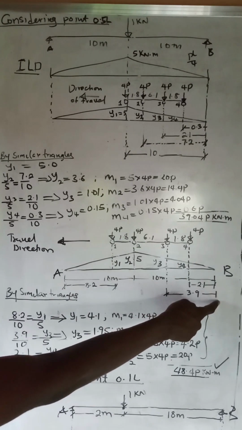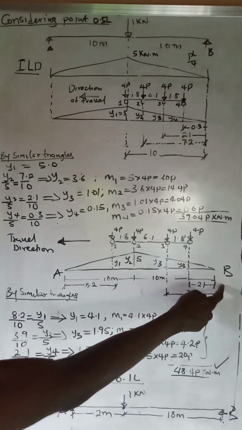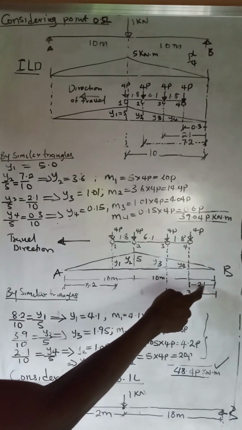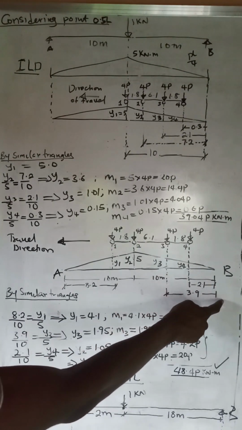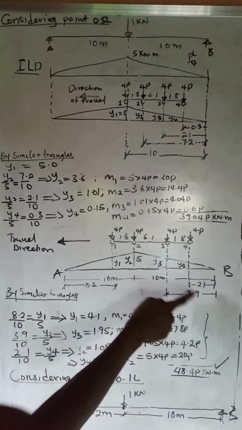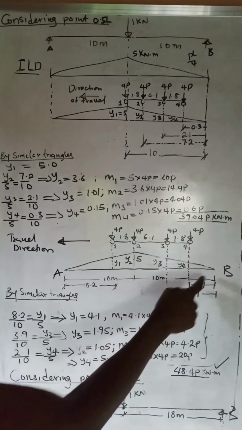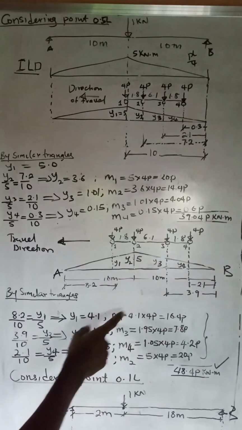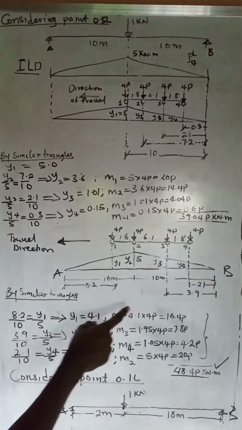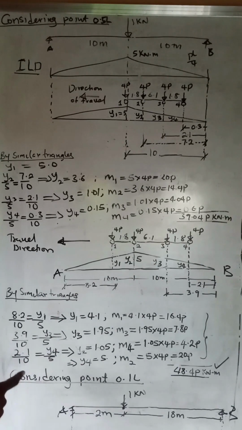The next thing, we can do the same for the rest. From point B to here, ordinate Y4, if we do it, you will discover that it's 2.1. The distance of this ordinate from B to Y3, we have it at 3.9. So by similar triangles, we are dealing with this particular triangle now. It becomes Y3 over 5 equals 3.9 over 10.